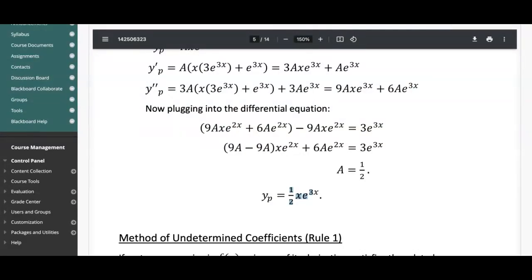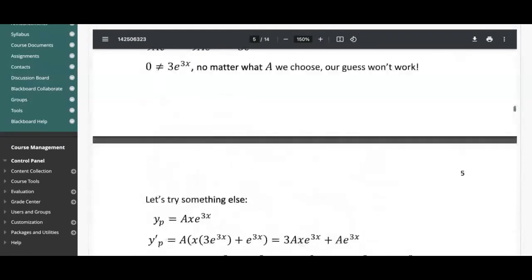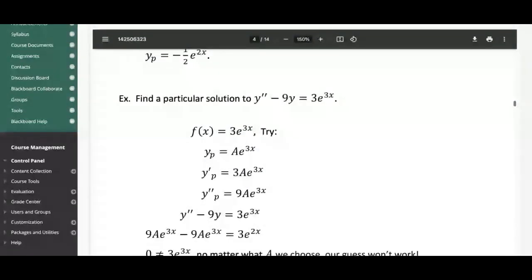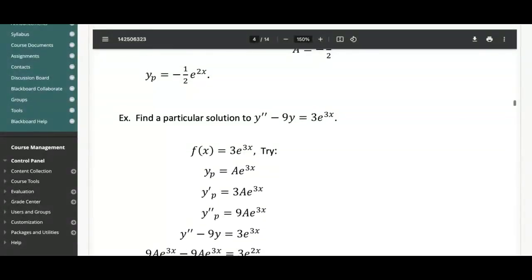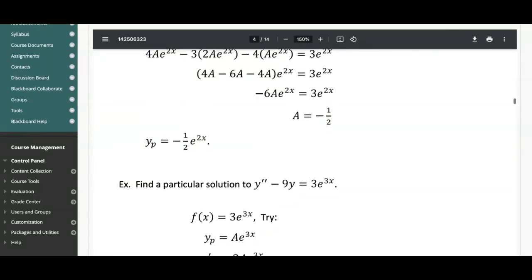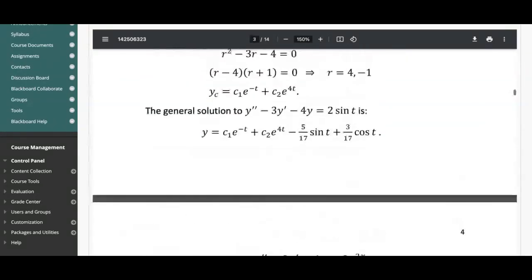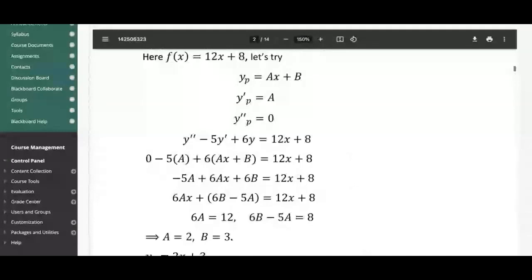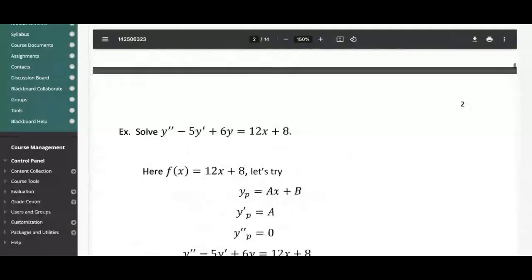Yes, David? Can this adding of an x be used with other methods? For example, like the first method, can I just add it into both terms and make the particular solution equal ax squared plus bx? Like the first example on page 2, where y_p equals ax plus b. Would it be possible just to make it ax squared plus bx?